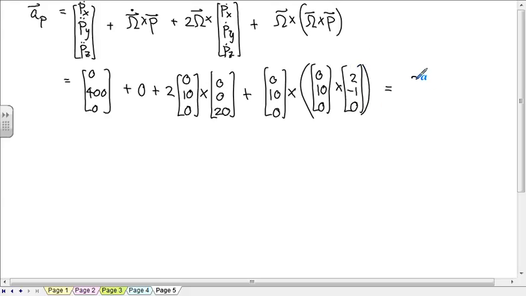Add that all up and you get 200, 400, 0.